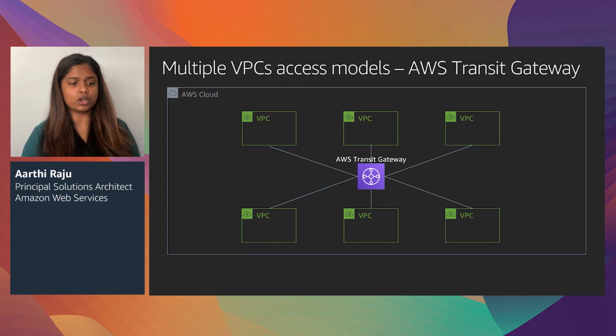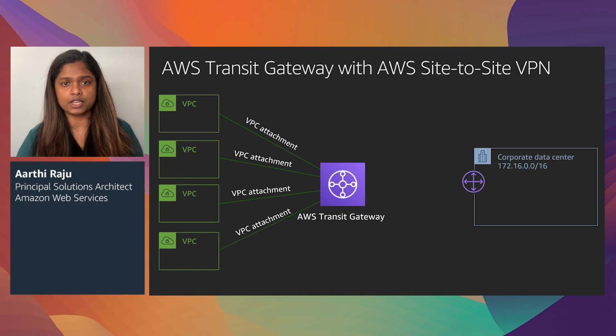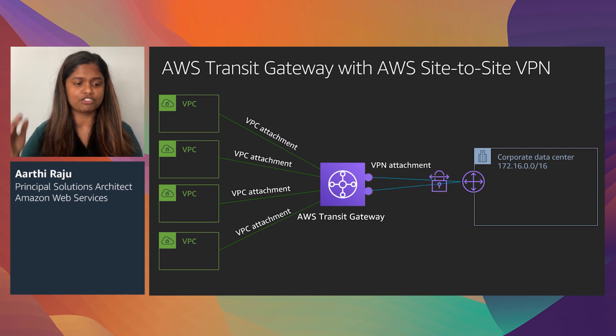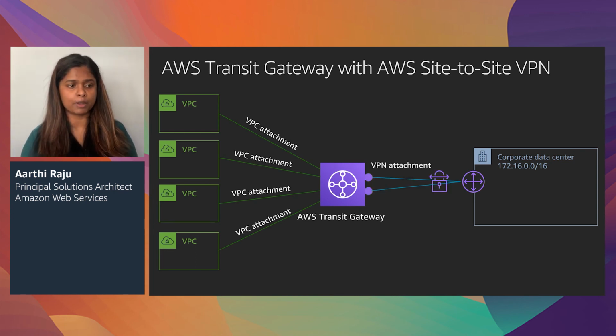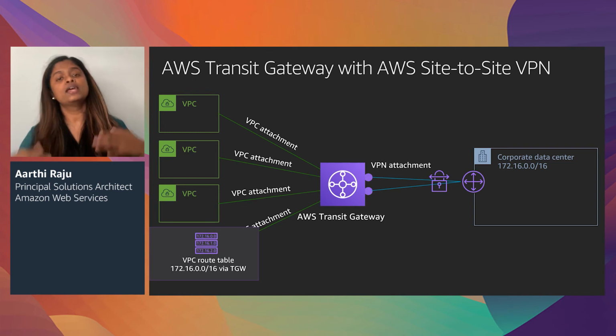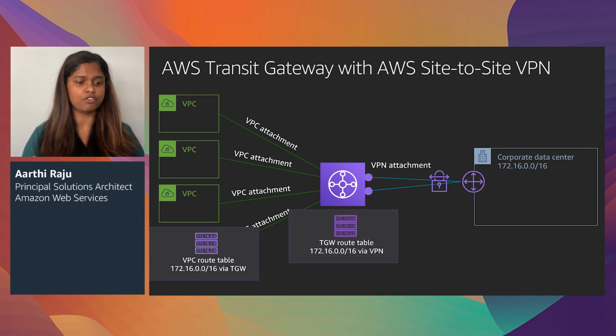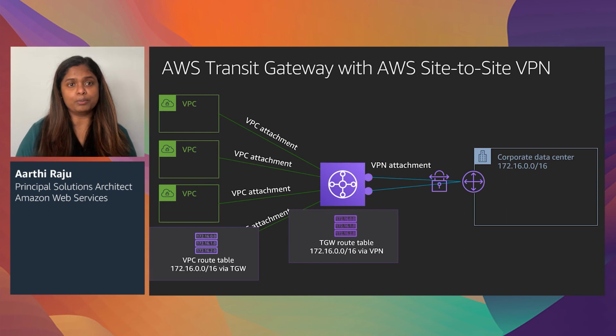Going back to the VPN connection that we had, same thing: I'm attaching all my VPCs to the transit gateway, and then I have a VPN connection from the transit gateway to my on-premises. Now I can update my route tables to say, hey, any traffic, send it to the transit gateway. The transit gateway has its own routing table, and for simplicity, I'm using the default here and sending everything back to my data center. So this is where the transit VIF is going to be helpful.